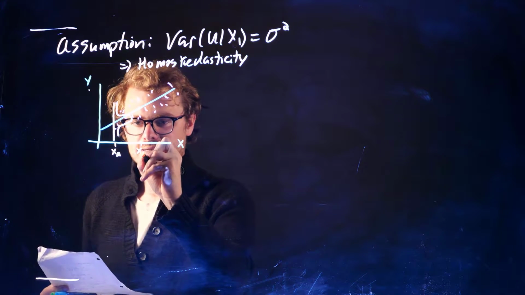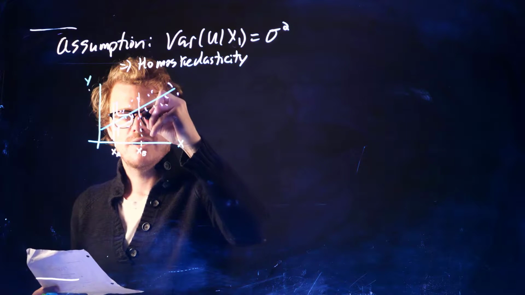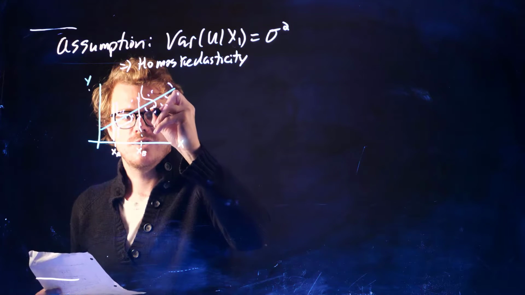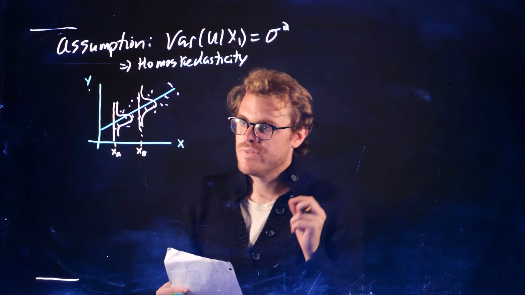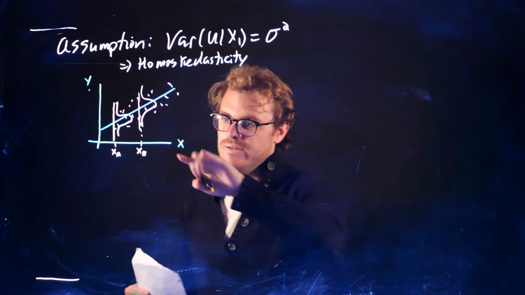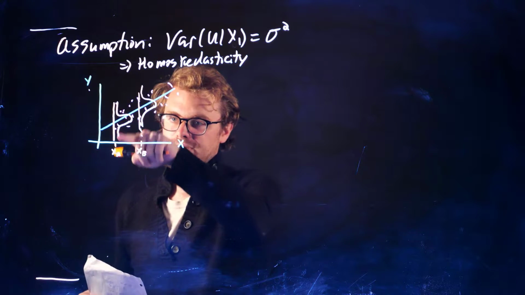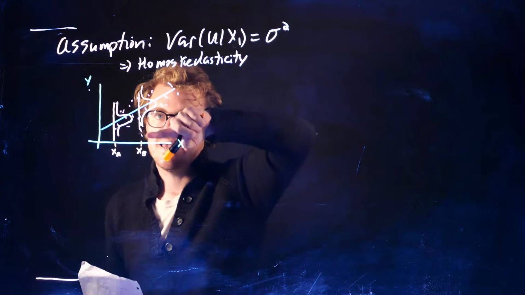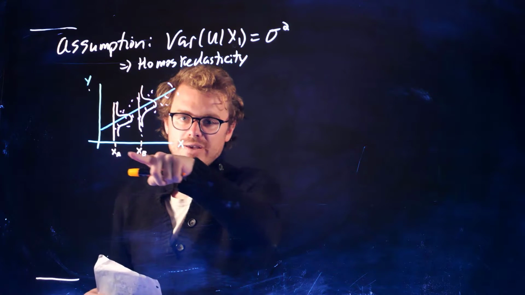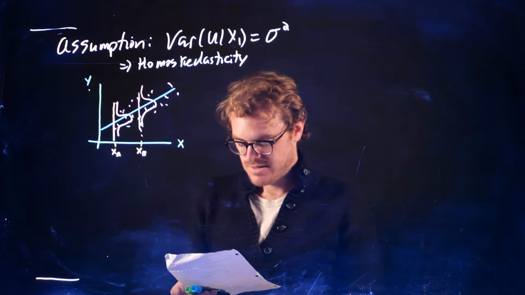This is the value xb. We have another distribution of u's around that regression line. And what this assumption is saying is that the spread of these points around this regression line is the same no matter what the value of x is.